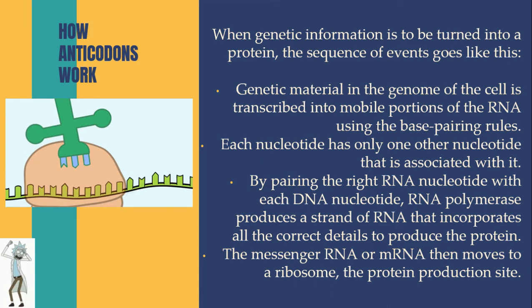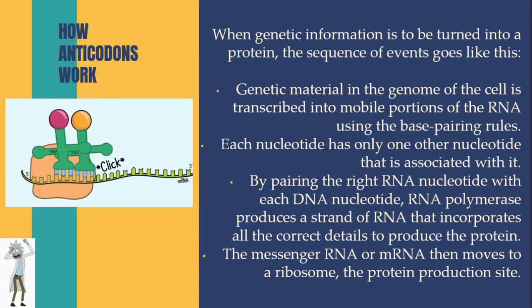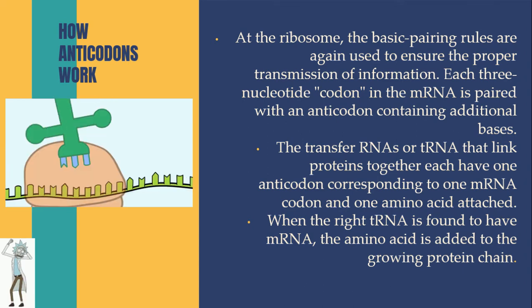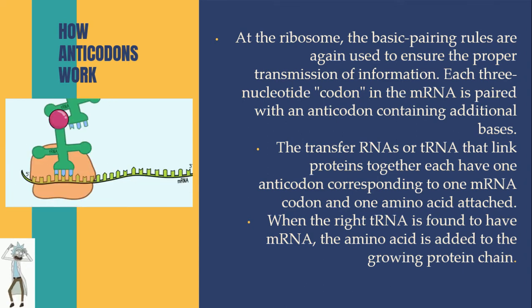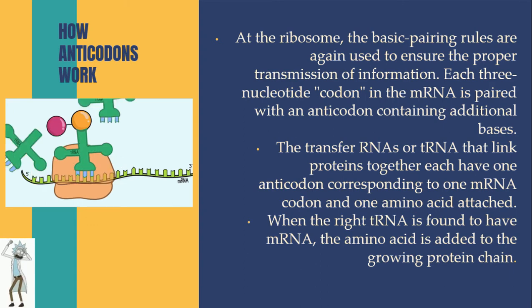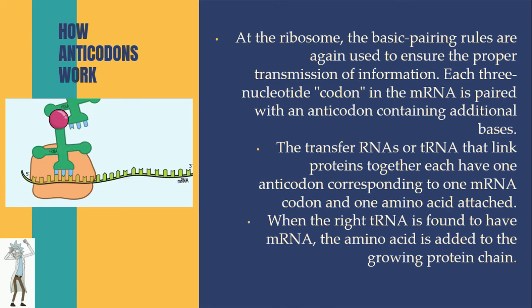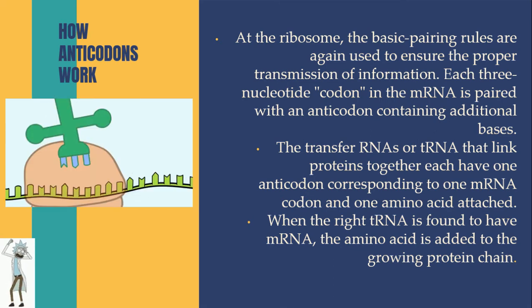The messenger RNA, or mRNA, then moves to a ribosome, which is the protein production site. At the ribosome, the basic pairing rules are again used to ensure the proper transmission of information. Each trinucleotide, or codon, in the mRNA is paired with an anticodon containing complementary bases.